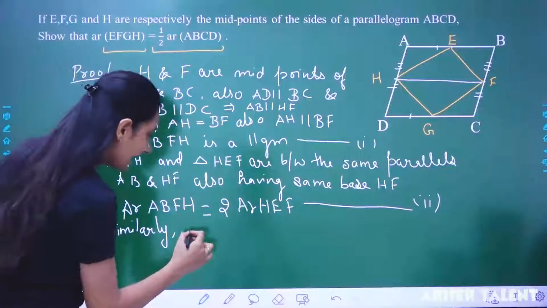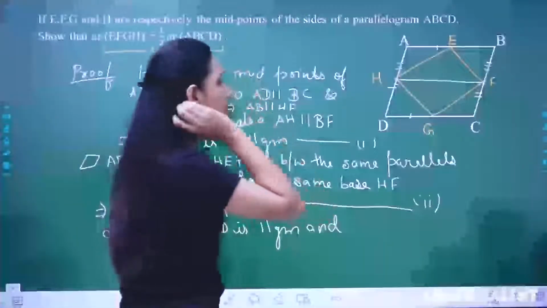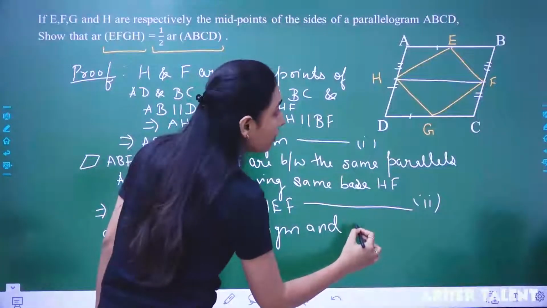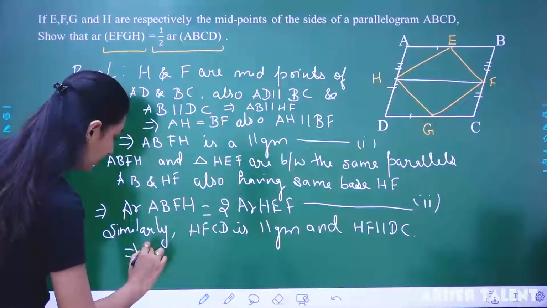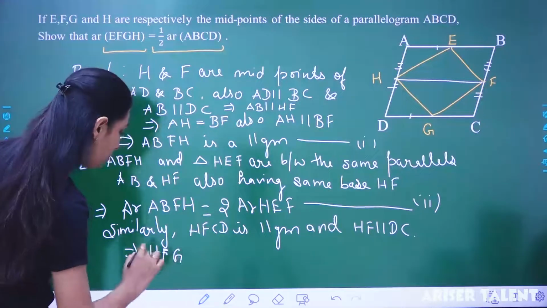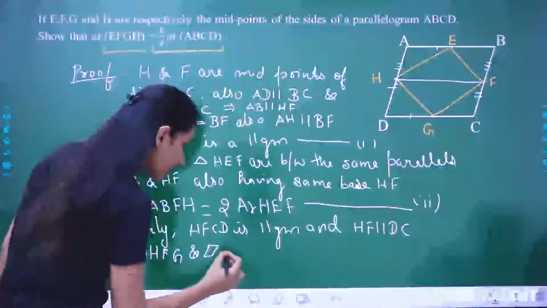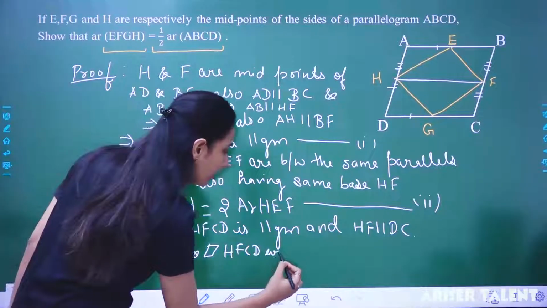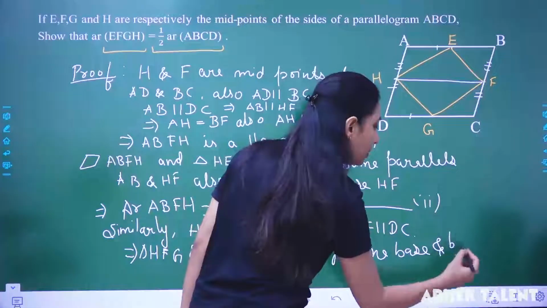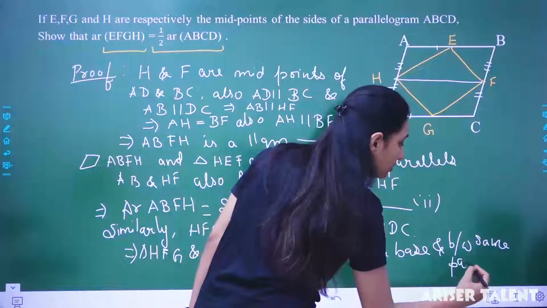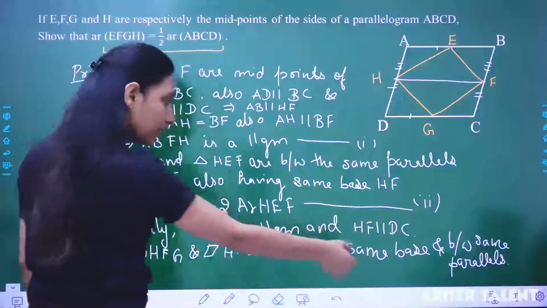So the triangle HFG and the parallelogram HFCD again have the same base and are between the same parallels.